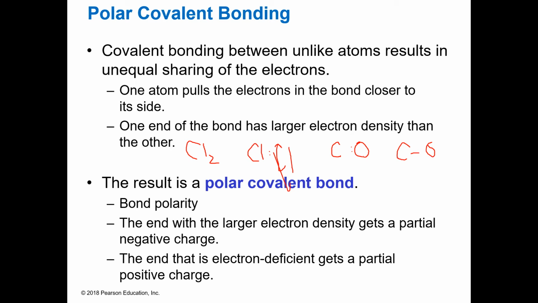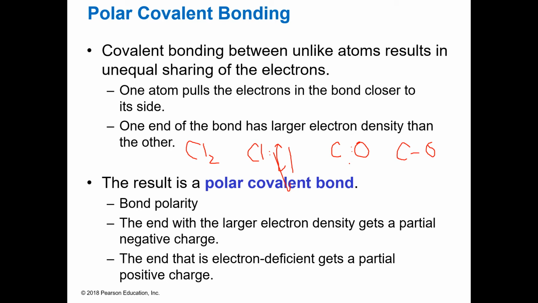This is what I mean by not sharing electrons equally. One of the atoms will pull those pair of electrons closer than the other. And in this case, that's the oxygen. When one of the atoms will pull the electrons closer to it than the other, we call that a polar covalent bond. Polar has unequal sharing.